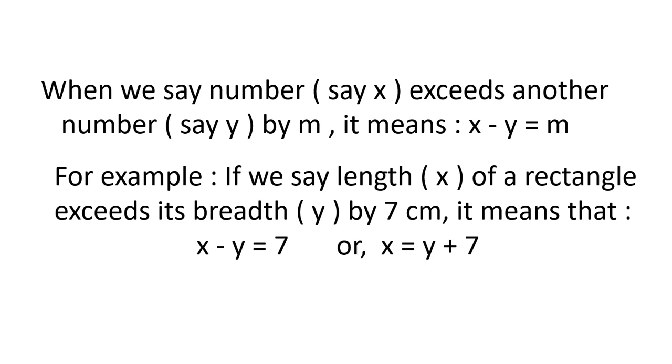So this will always be translated mathematically to x minus y is equal to m. For example, if we say the length, suppose it is x, of a rectangle exceeds its breadth, say y, by 7 centimeters, then it will mean that x minus y is equal to 7, or x is equal to y plus 7.